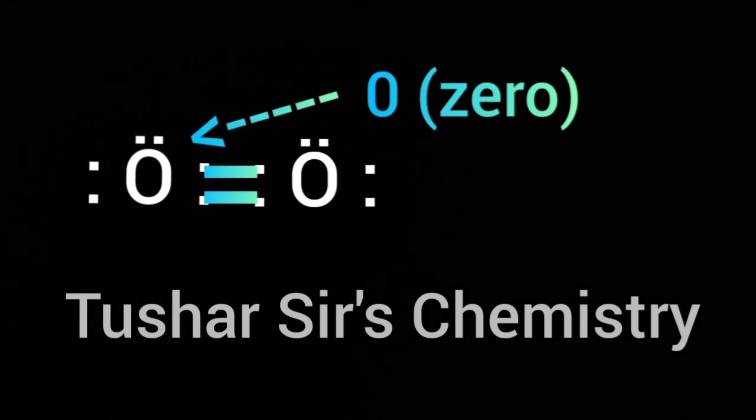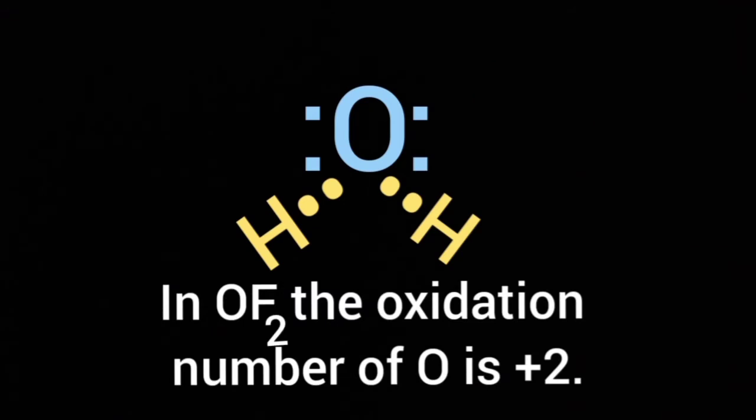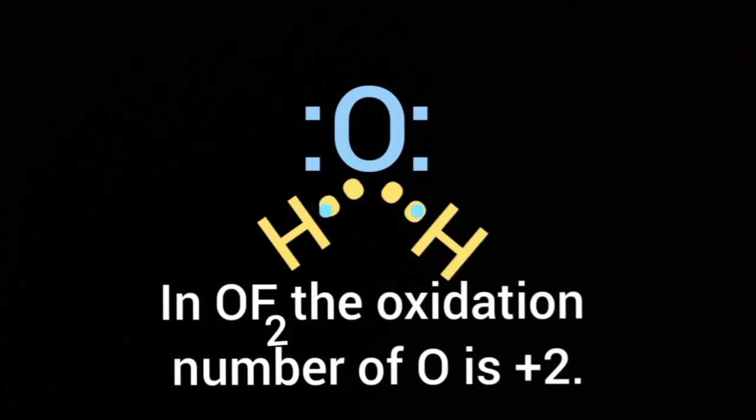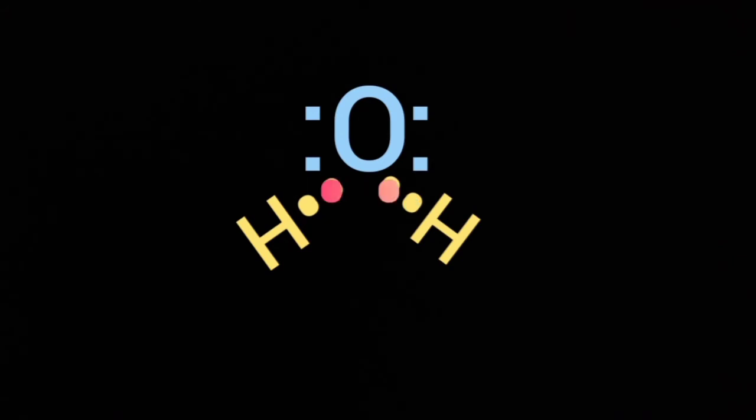In water, the oxidation number of oxygen is -2. You see, in water, each hydrogen atom contributed 1 electron to establish a single bond with the central oxygen atom. Or you can say the central oxygen atom contributed 2 electrons to establish 2 single bonds with 2 hydrogen atoms.